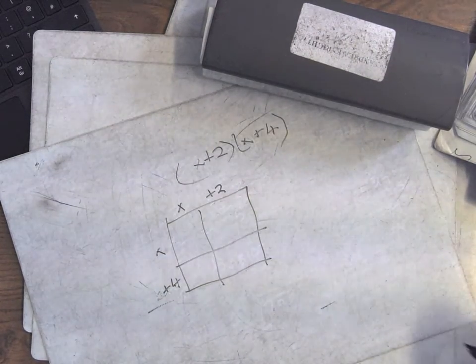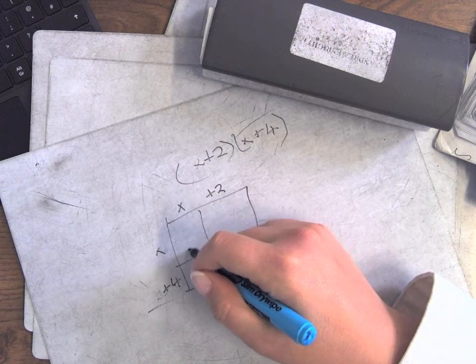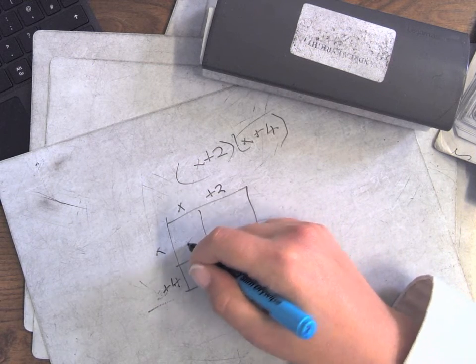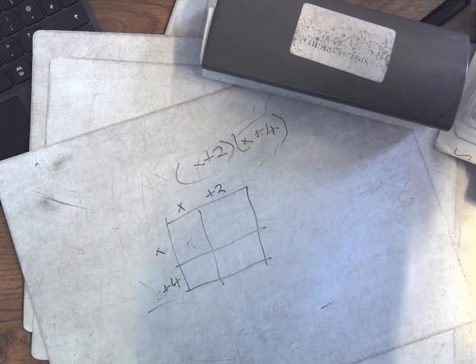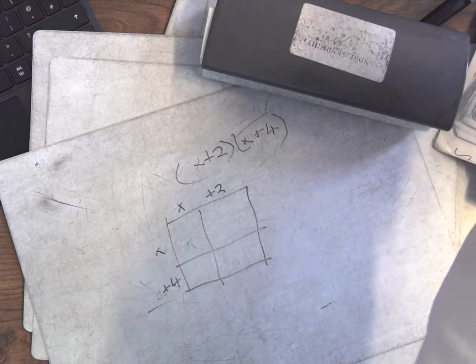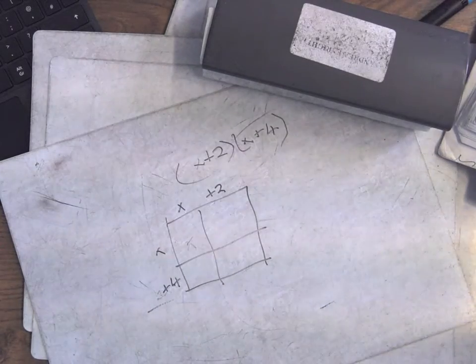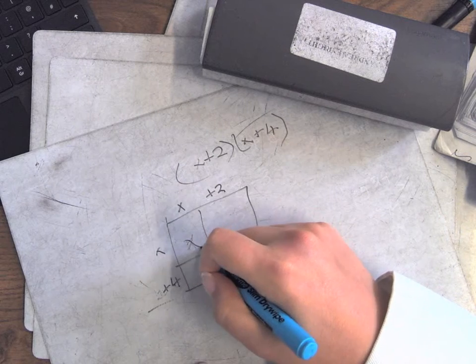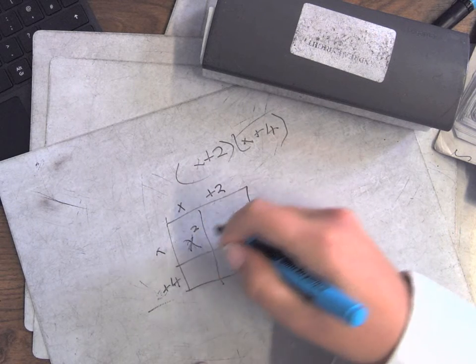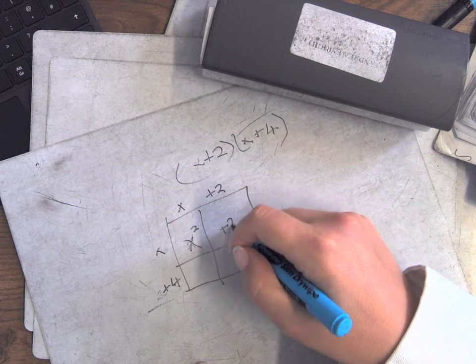Right, okay, when you multiplied, what did you get in the first box? X squared. Yeah, sorry, my pen is gone. So when you multiplied the first box, you got x squared. What did you get in the next box? Plus 2x.